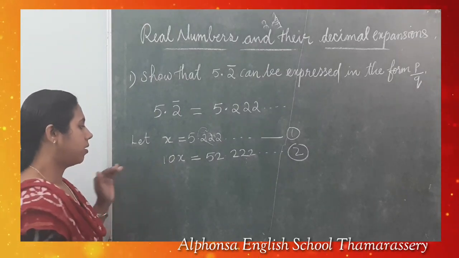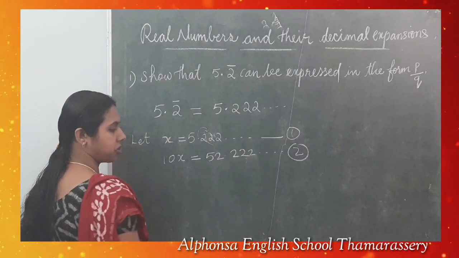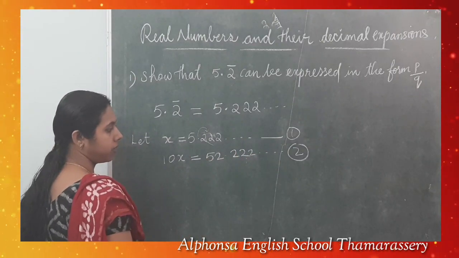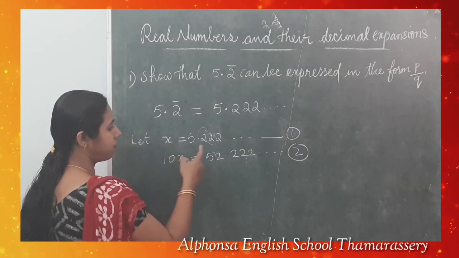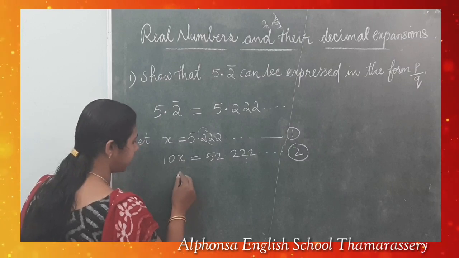Now we can subtract equation 1 from equation 2. So if we subtract equation 1 from equation 2, it will be 10x minus x.